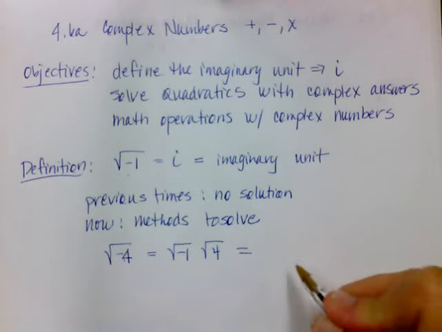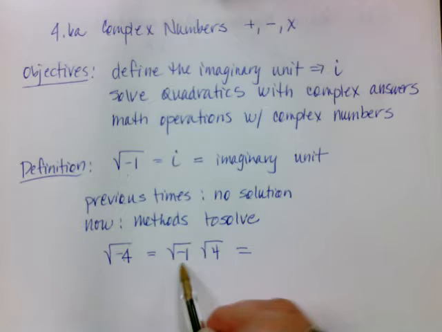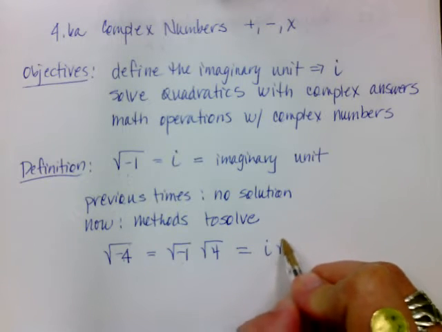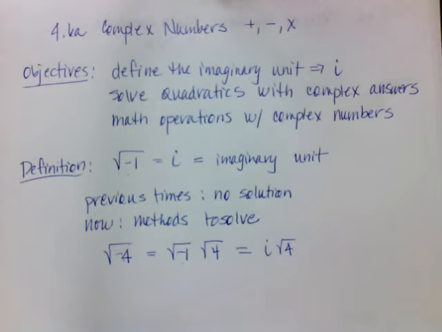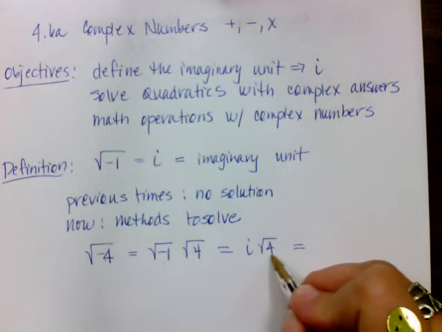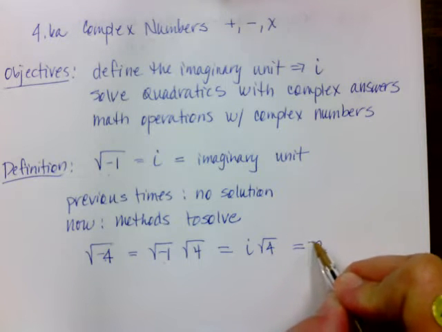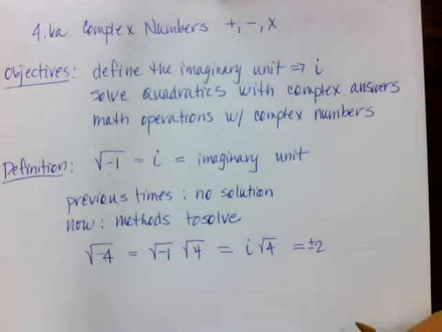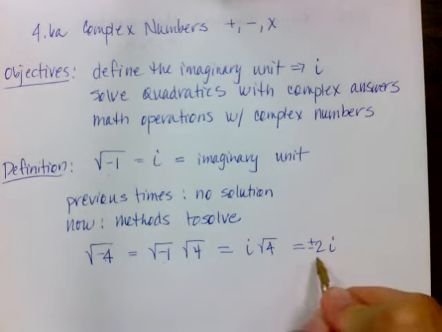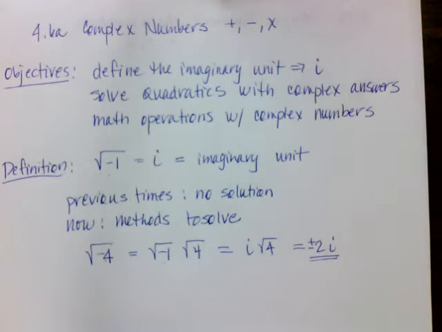So then I know that the square root of -1 is equal to i, and there's my square root of 4. And then I could actually simplify it one more step. The square root of 4 is plus or minus 2, because anytime you do an even root, you get a plus or minus. And then there's my i. So that would be the solution to the square root of -4.